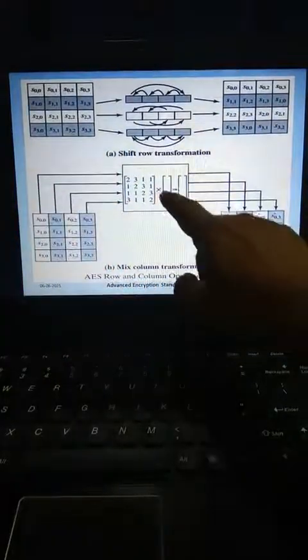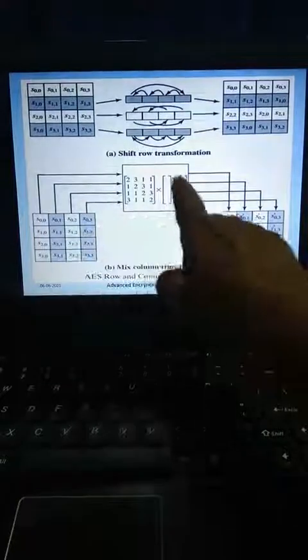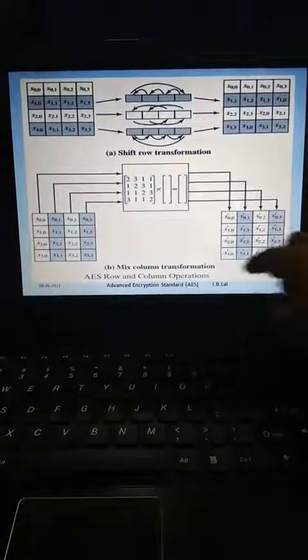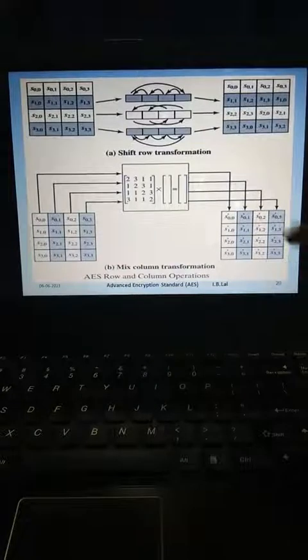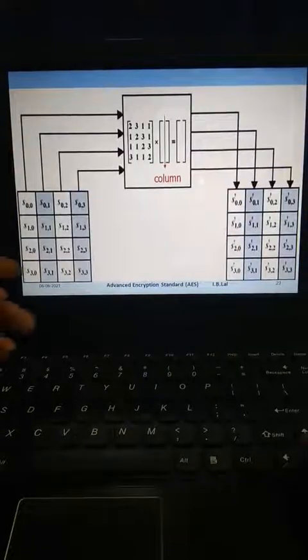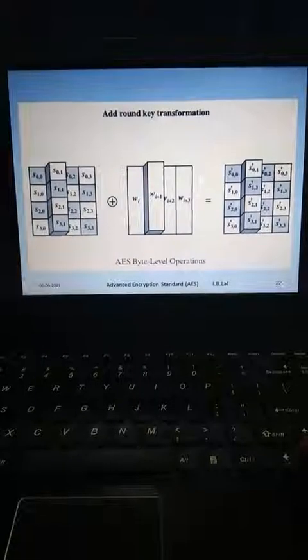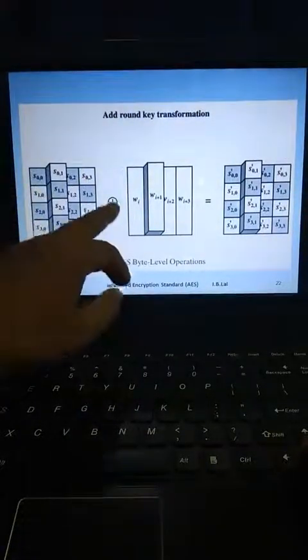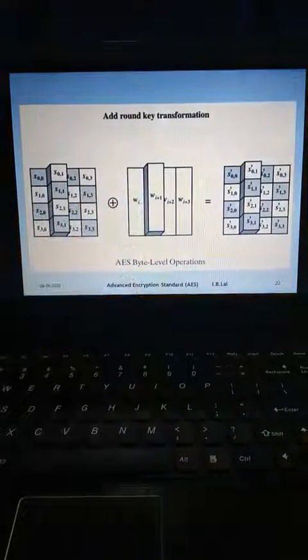So each column, each word multiplies with this predefined matrix, and the resultant is stored here. And this resultant enters into the next phase, add round key transformation, where the output of mixed column is XORed with the key.